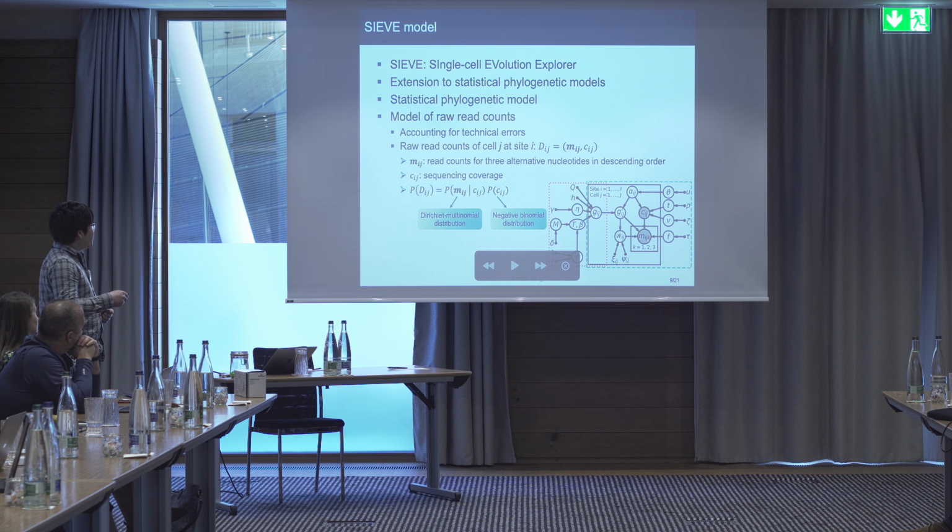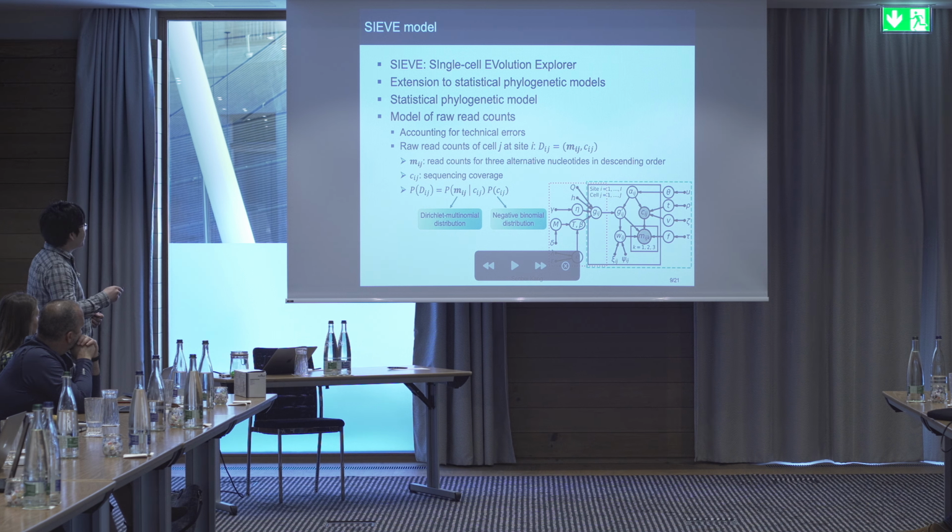Our model also contains another submodel, which is a model of raw read counts. And this is also the reason why we call it an extension to statistical phylogenetic models.